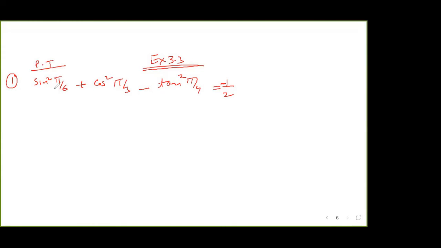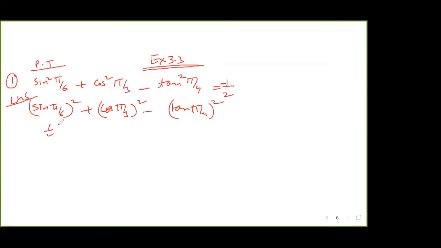Now, with the meaning of sine square pi by 6, you can write it like this: sine pi by 6 whole square, cos of pi by 3 whole square, tangent pi by 4 whole square, and this is the left hand side. Now put the value of sine pi by 6, that is 1 by 2, and cos pi by 3, that is again 1 by 2, tangent 45 is 1.